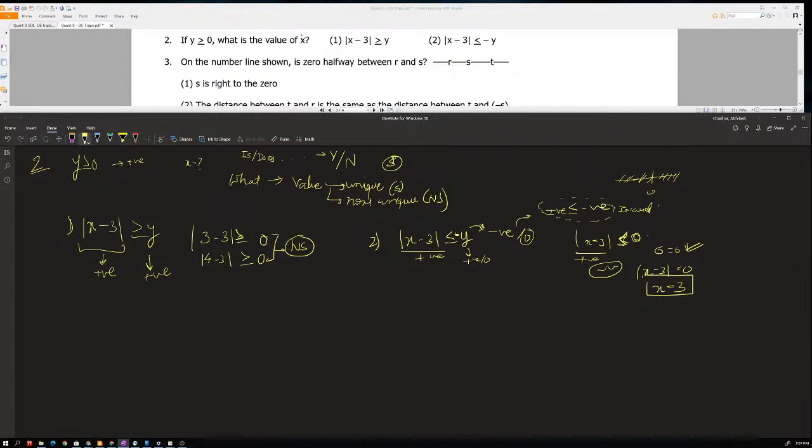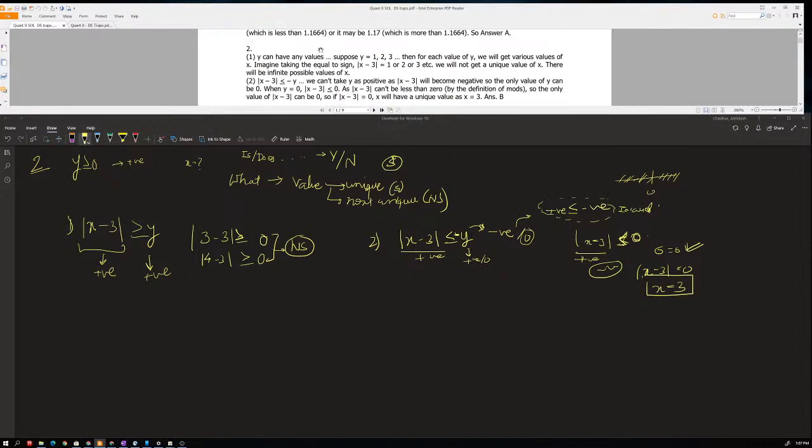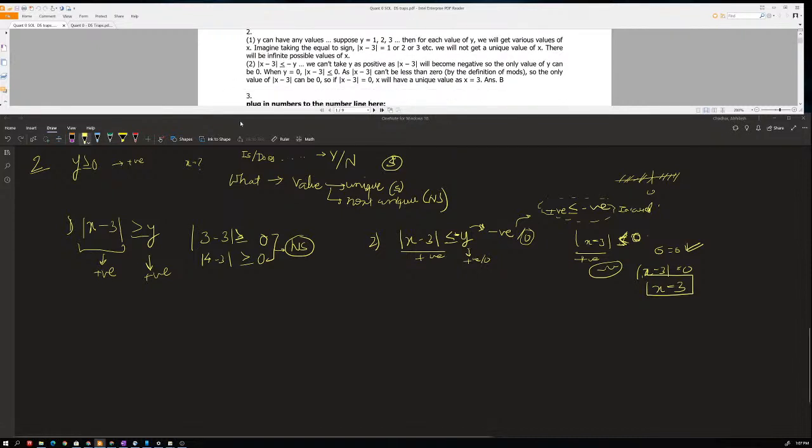Now we will check how they have actually solved it. The solution says y can have any value. Suppose y is equal to 1, 2, 3.